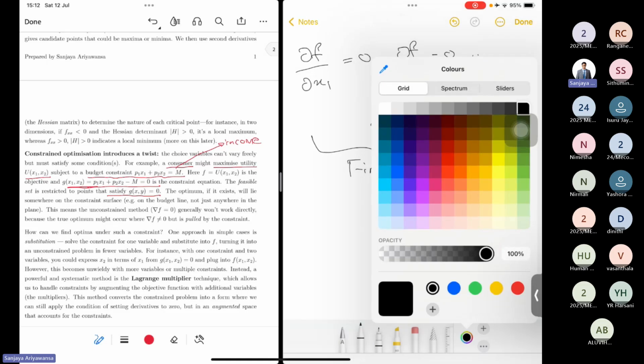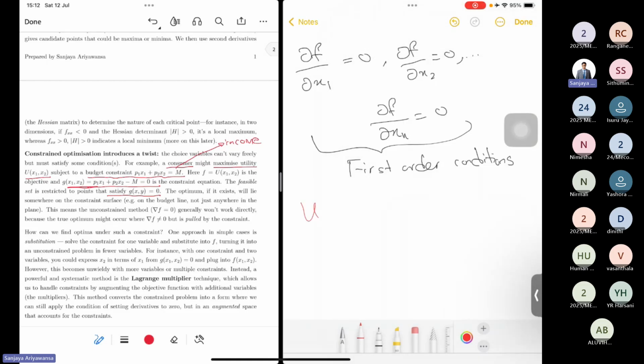So, how would you try to solve such a problem? If you're told your utility u of x1, x2, you're trying to maximize this, but it is subject to a constraint in the form of g of x1, x2. You have two goods. P1 is your price of good x1, P2 is your price of good x2, and you have a particular income.